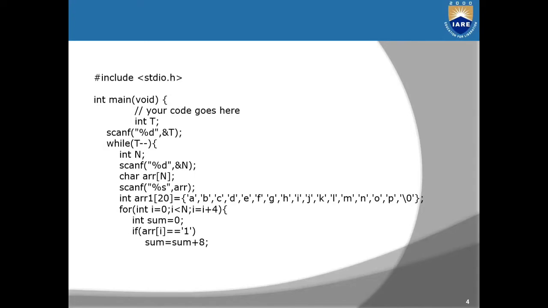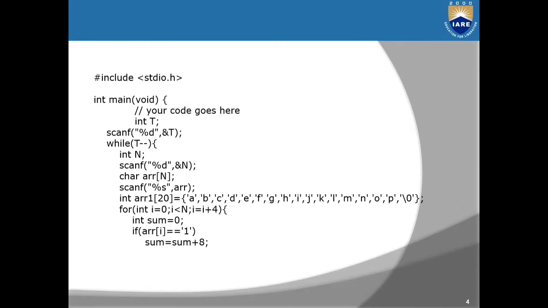Within the while loop we take another variable n of int data type, and we take user input by using scanf like %d, where %d denotes the integer type, and &n means it will go into the n variable.